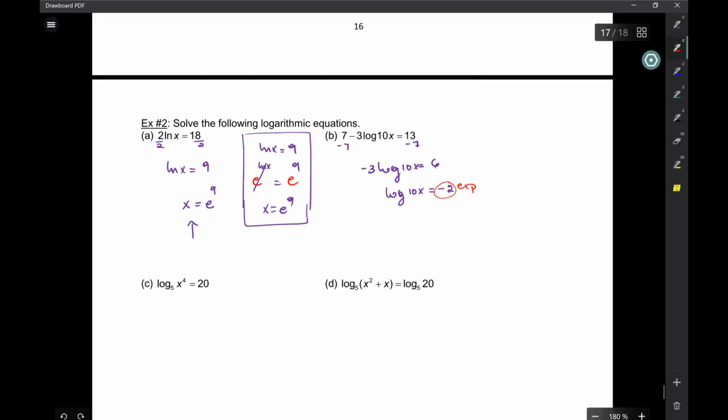Okay, now every exponent needs a base. Is that right? Where's the base here? It's 10. It's totally 10. So now, if this was a logarithm, base, exponent, what should it equal to? What is the answer? 10x, right? There's a 10x.